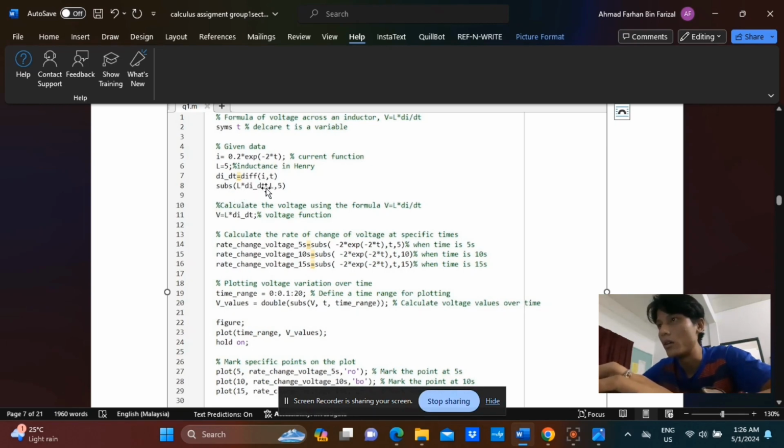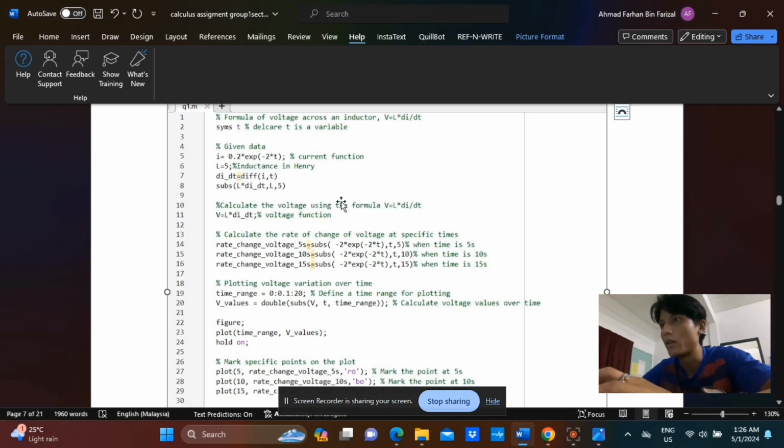So now here is the old L value. So now we want the new L value, so we substitute the L here.